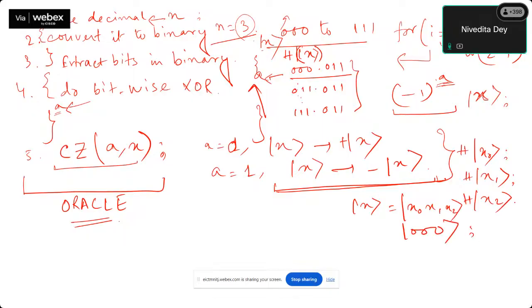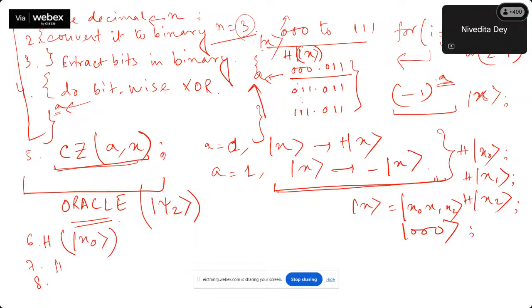Likewise, first you will be doing this, then you will be doing all these things. Then it's a control Z. Post that, you will be having your oracle ready. After that, you will be again doing Hadamard on all the qubits: Hadamard on X0, Hadamard on X1, and Hadamard on X2.